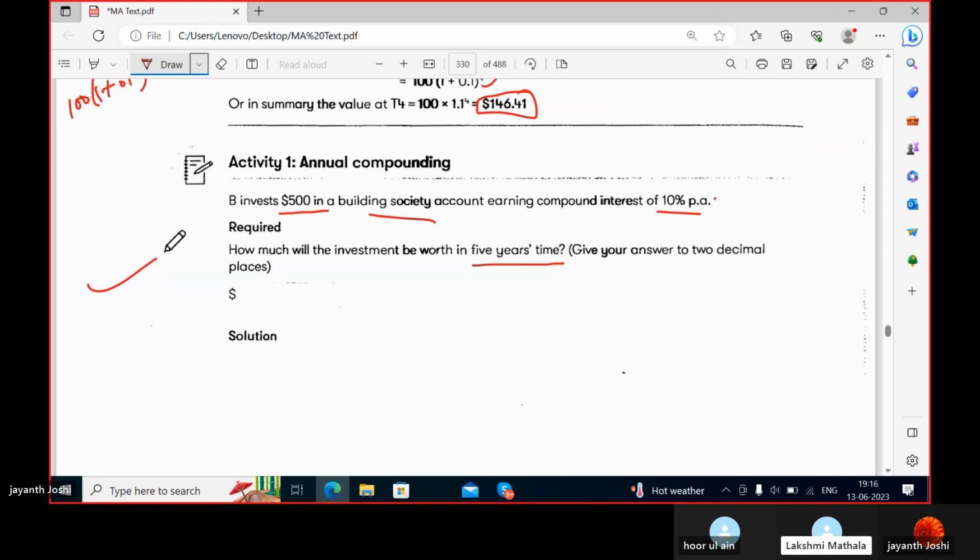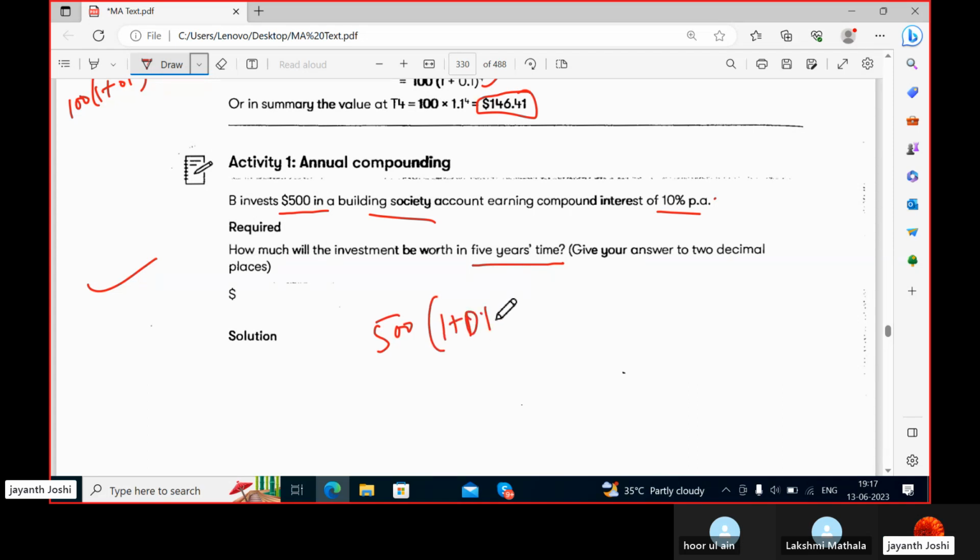Sir, 805.255. Let's see. 500 into 1 plus 0.10 whole power 5. 500 into 1.10 whole power 5. So it's going to be how much?